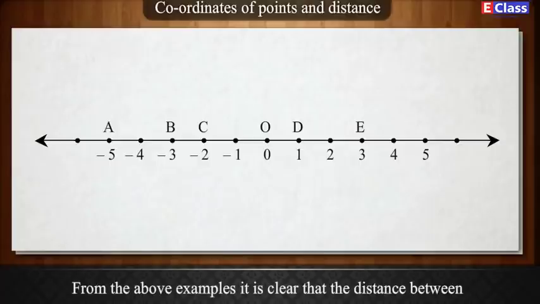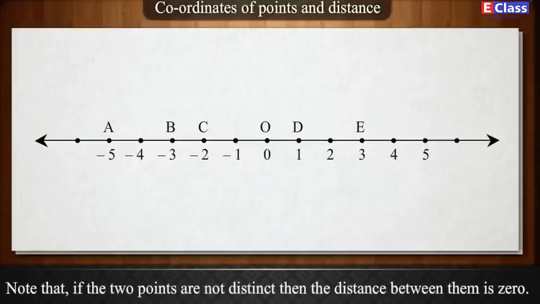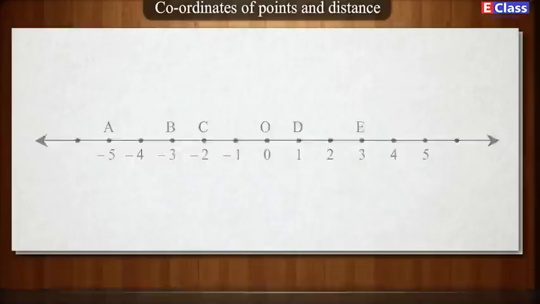From the above example, it is clear that the distance between two distinct points is always a positive number. Note that if the 2 points are not distinct, then the distance between them is 0.